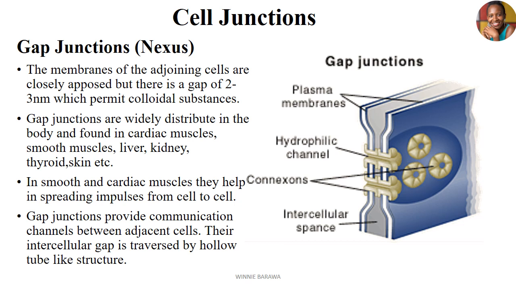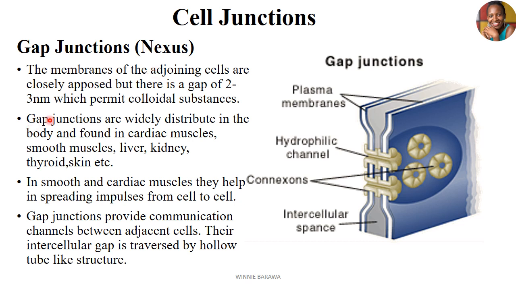And the last cell junction is the gap junction, which you also call the nexus. So with the nexus, as the name says, gap, this junction allows materials to cross. The membranes of the cells are connected to each other, but there's a gap with this type of junction of around 2 to 5 nanometers that will permit materials to cross.